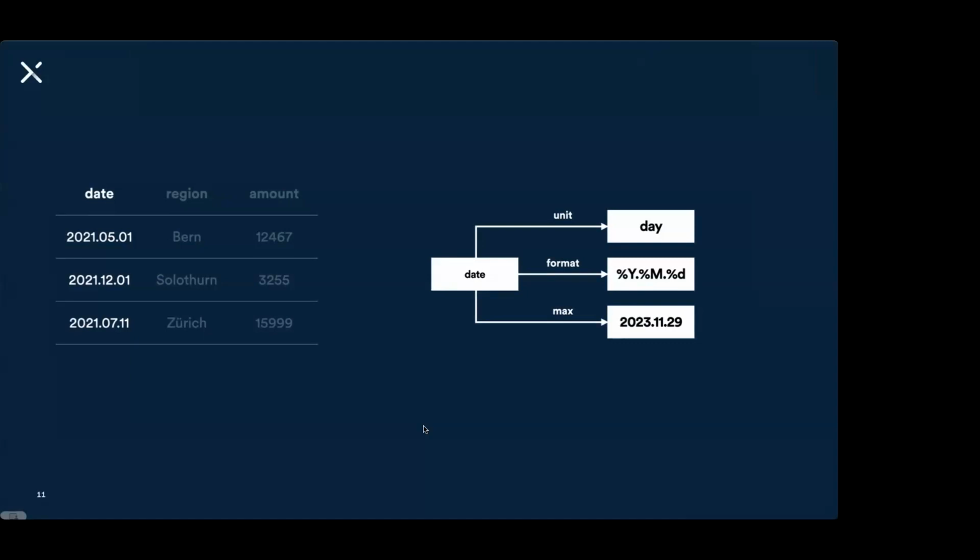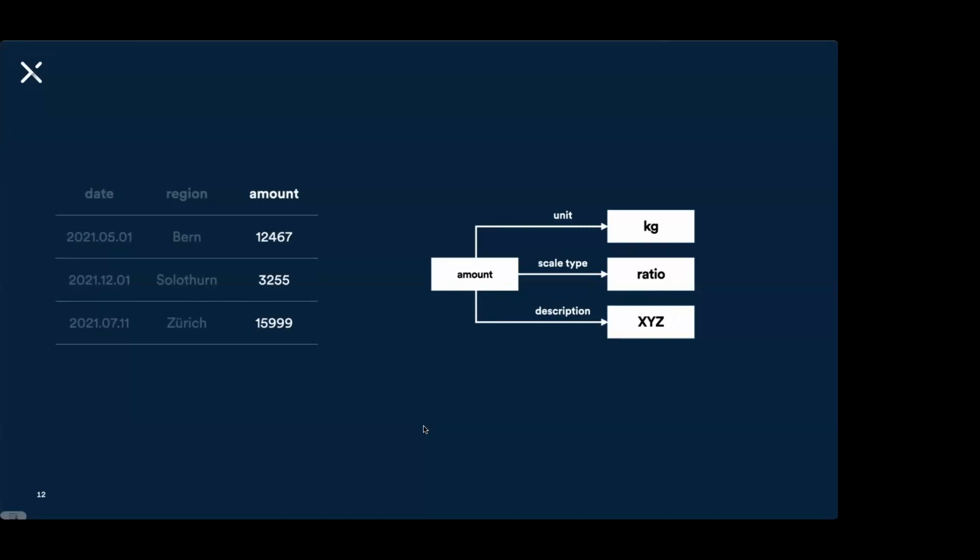So we then could also avoid sending an additional query and just get this information for free. Another example is the amount column, where we would also know that it's in kilograms. It has a scale type like ratio, which tells us what operations we can do with this measure. So for example, in this case, we know that we can use this in a stacked bar chart, because there is a true 0 on the scale, and we allow multiplication and division.